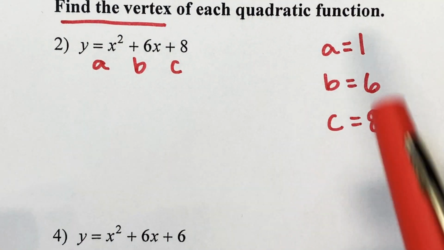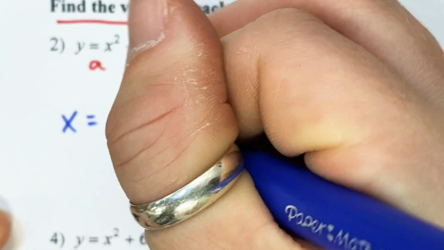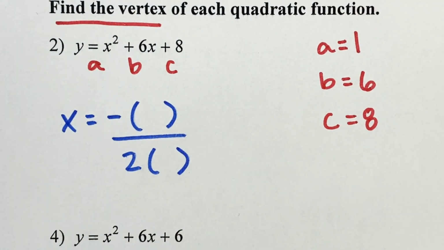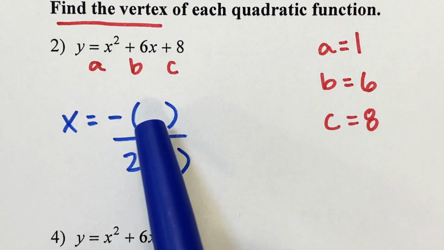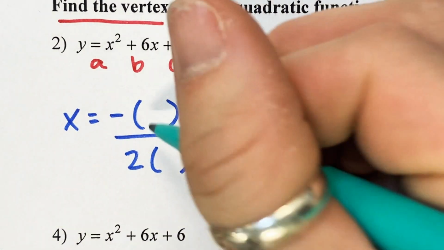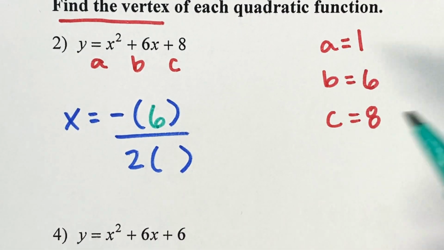Okay, so now that we know A, B, and C, we can plug it into our baby formula, which is x is equal to negative b over 2 times a. Well, if b goes on top, what is my b? What do I need to plug in for that b spot? 6. Okay, 2 times a is 1.